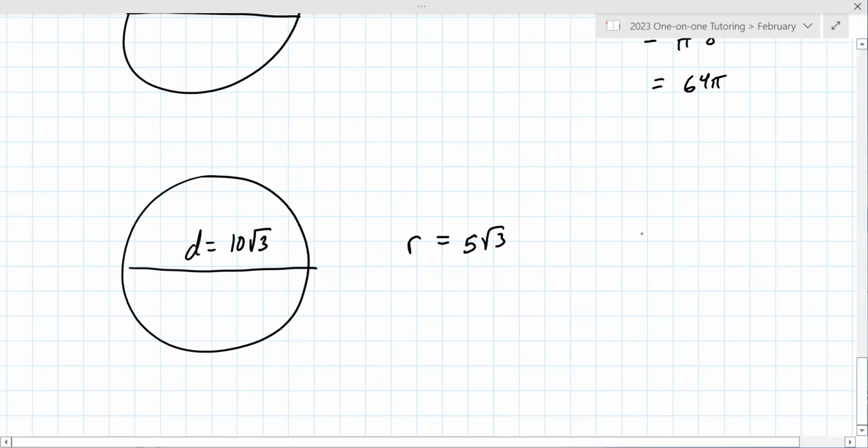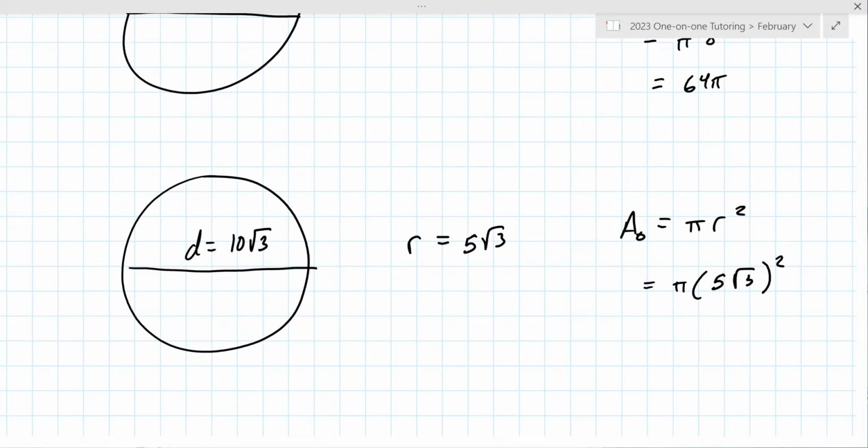Now, the formula for the area of a circle is pi r squared. Pi times 5 square root of 3, squared. Let me know when you get it, so we can talk about how to do this. You learned this last year in Algebra 1. You square each term.